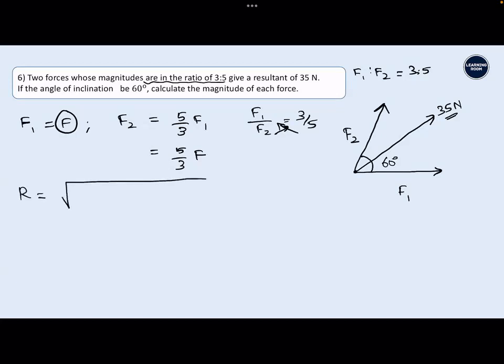Square root of F1 square plus F2 square plus 2 times F1 F2 cos of theta.